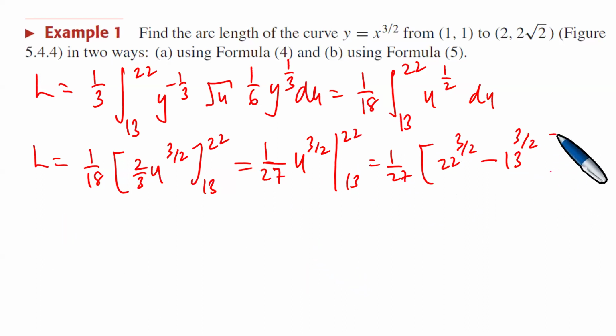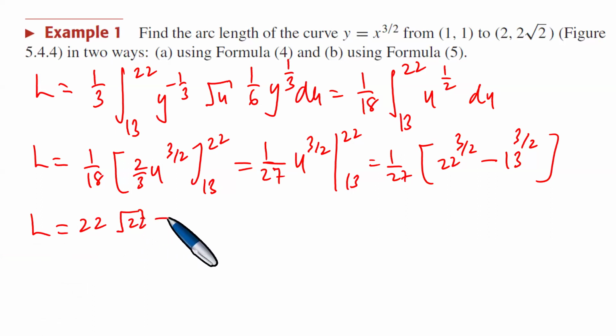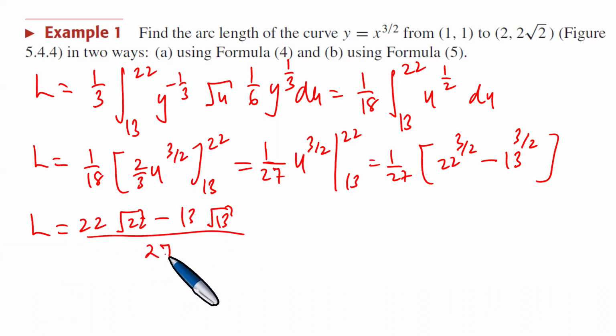This answer is the arc length. 22 to the 3 out of 2 is 22 times the square root of 22, minus 13 times the square root of 13, all divided by 27. All right, that's what we're getting.